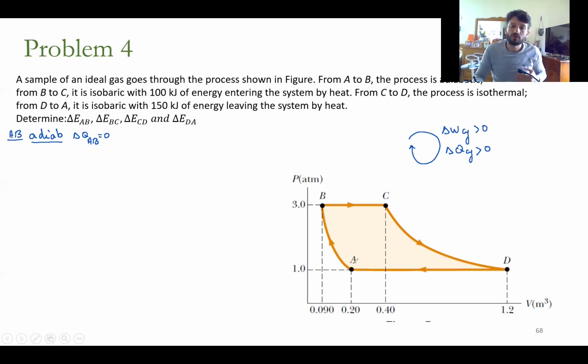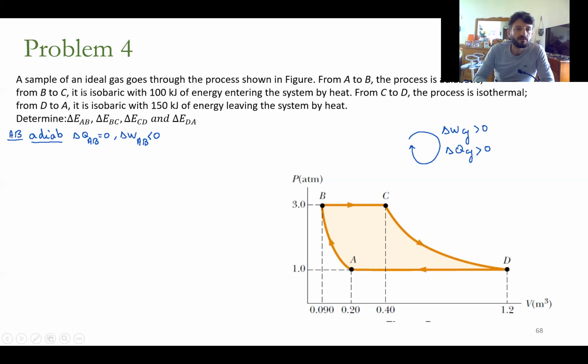From A to B, we have a decrease of volume. The volume decreases, so W AB must be negative, and delta W AB must be negative.